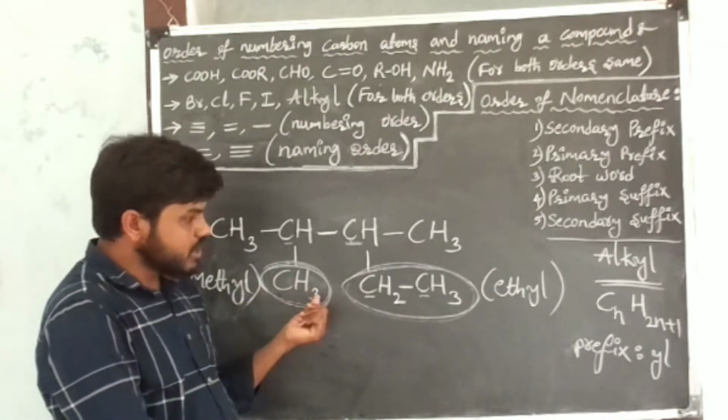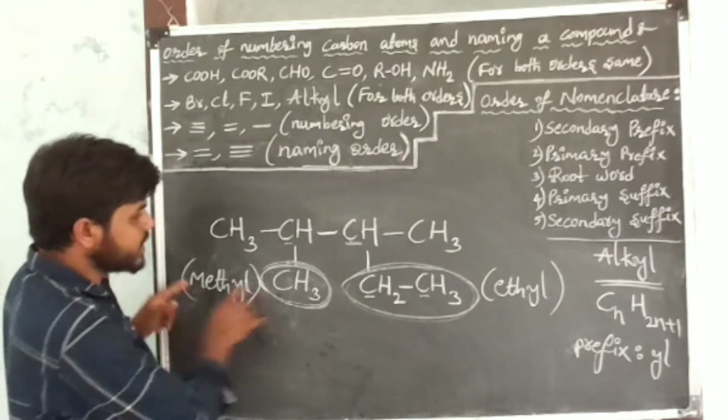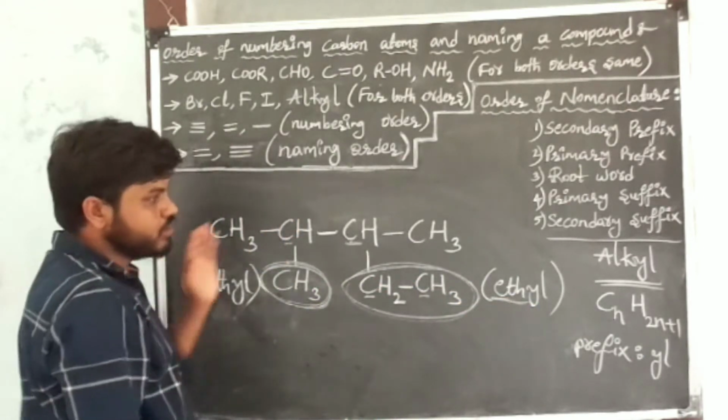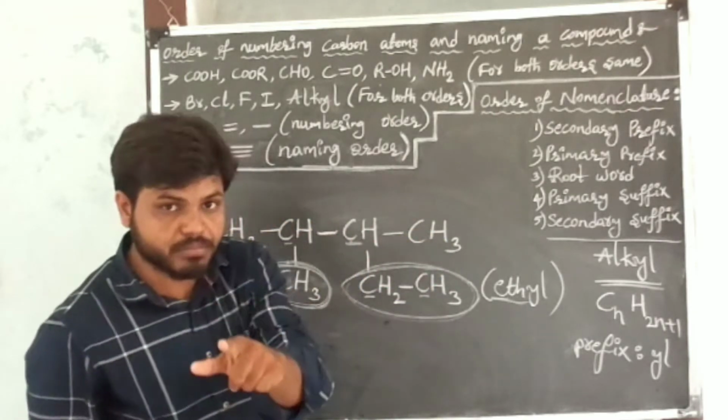These two substances belong to alkyl group, so when you give the numbers, take the alphabetical order. Here methyl, here ethyl. So give the priority to ethyl. When you give the numbers to the carbon atoms, ethyl should get the least number.